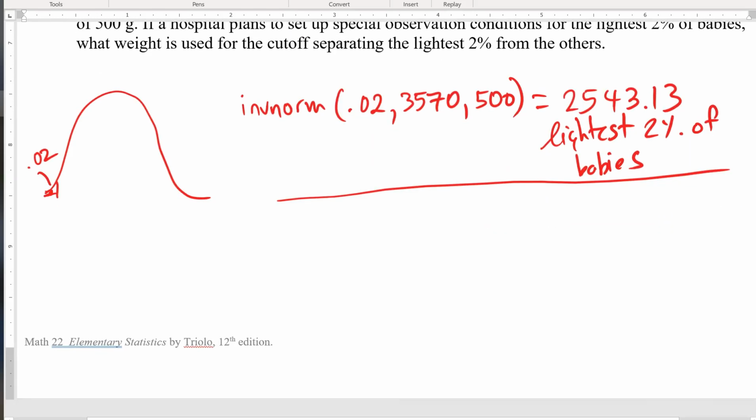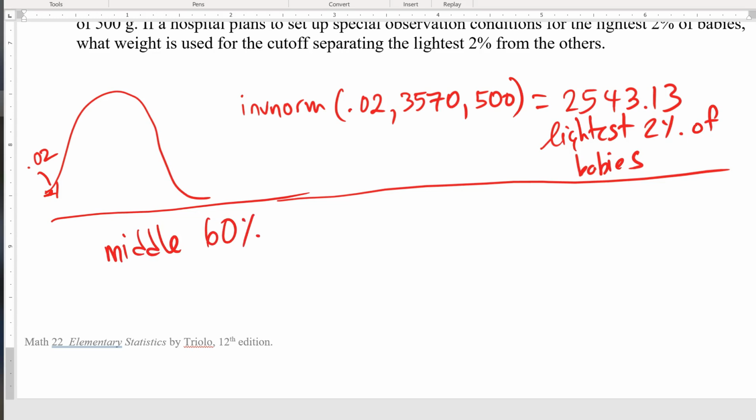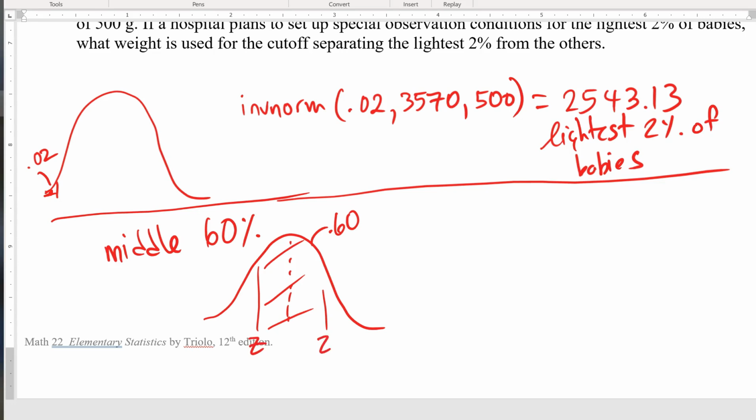The only other thing that we'll do sometimes, and I do this just to be a little tricky, is I would say something like, what about the middle 60%? So if I want the middle 60%, then basically I'm going to say, well, here's the middle, and I want 60% off that middle, right? So what you would do is, by the way, I'm going to have two values here, either two z's or two x's.